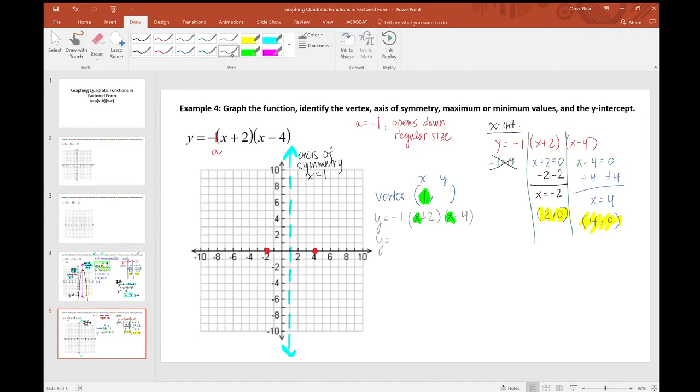So y equals -1 times 1 plus 2 times 1 minus 4. 1 plus 2 is 3. 1 minus 4 is -3. Now we have -1 times 3, which is -3, and -3 times -3 is +9. So the y-coordinate of our vertex is +9. The vertex is done. Let's plot that point. 1, 9.